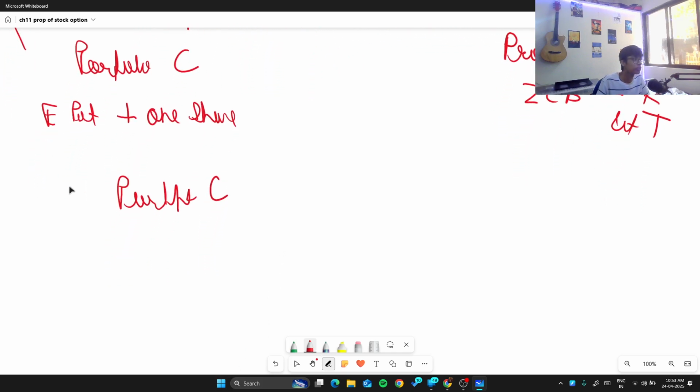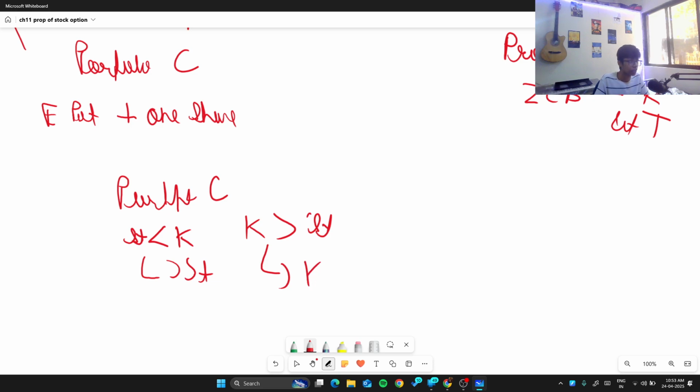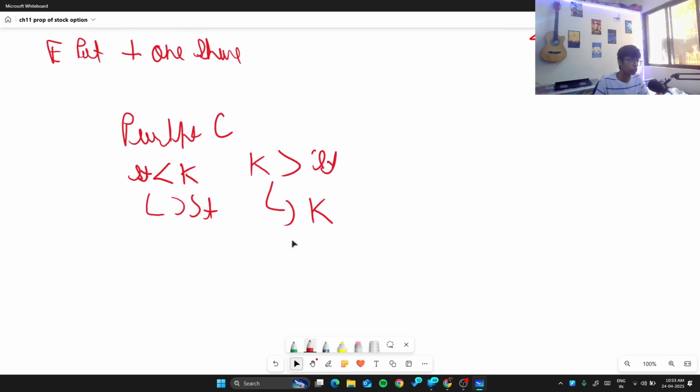If ST is greater than K, the European option will be exercised, right? The portfolio value will be ST, and if K is greater than ST, the portfolio value will be K, right? So in both cases the maximum value would be ST or K, right?